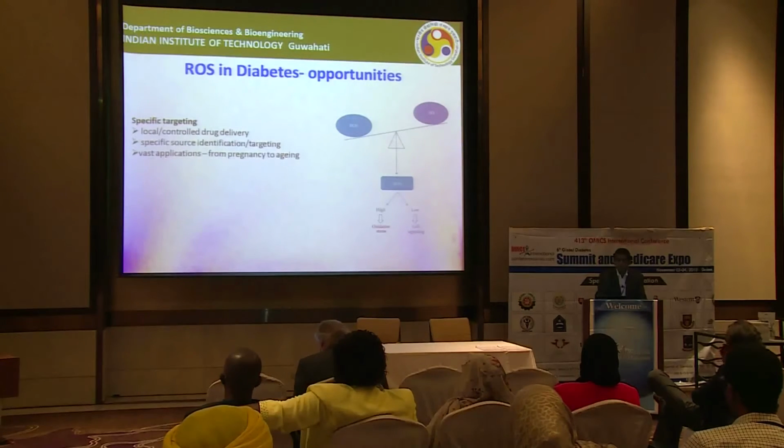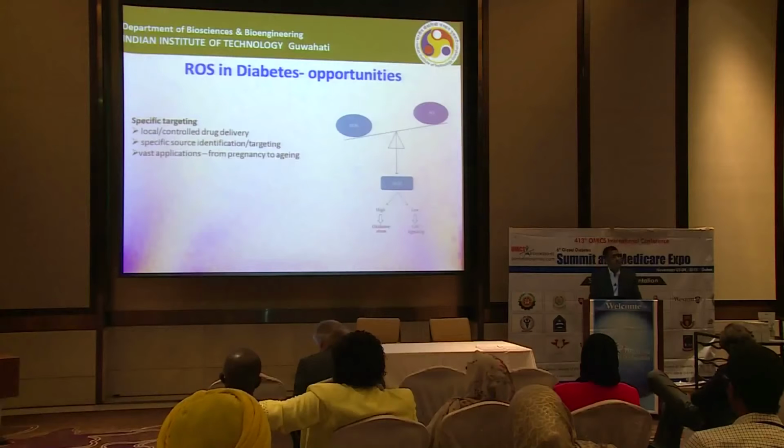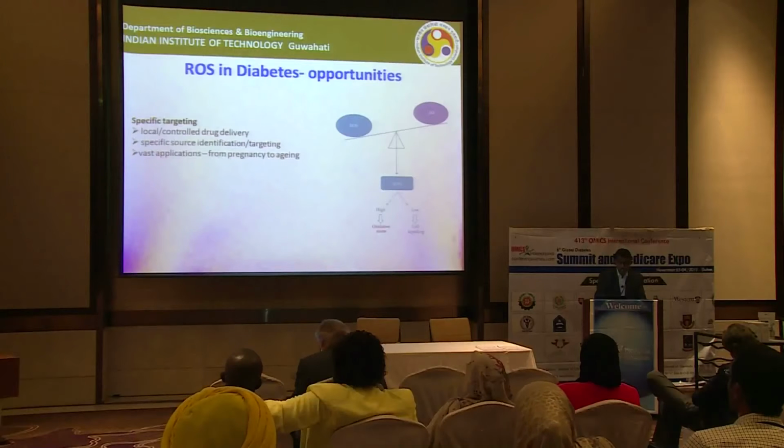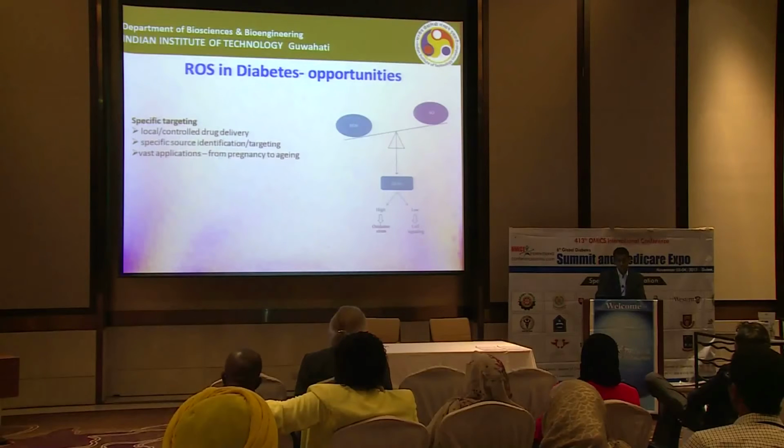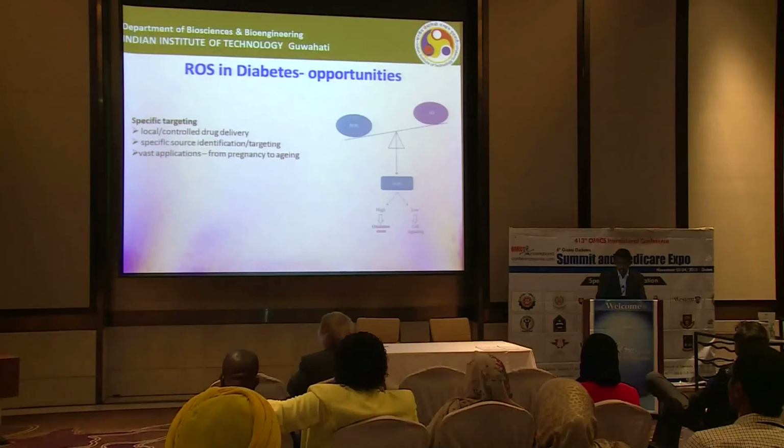But we have shown that by specific knockdown or inhibition of a particular source of NOX in particular types of cells, we can still improve the complications of diabetes. So we should have a local or controlled delivery, and we have to identify specifically the source of the ROS which is the culprit in our disease of interest, and target that rather than wholesale targeting. Okay, that's what I want to say.